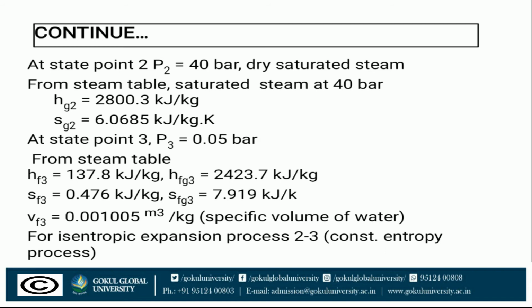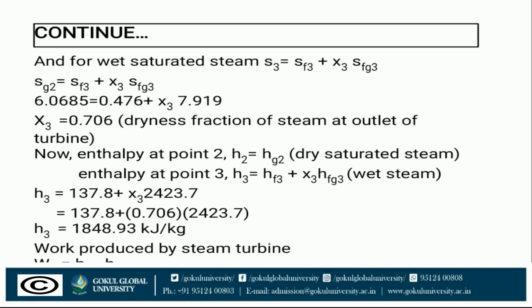For the isentropic expansion process 2-3, a constant entropy process, S2 is equal to S3. For dry saturated steam S2 is equal to Sg2, and for wet saturated steam S3 is equal to Sf3 plus X3 into Sfg3.